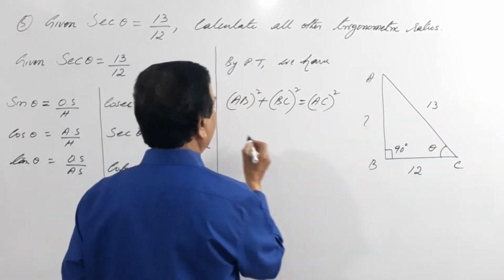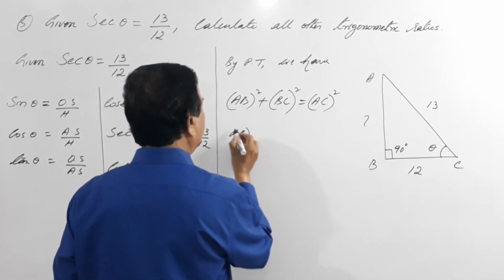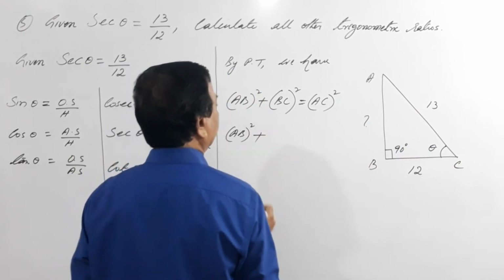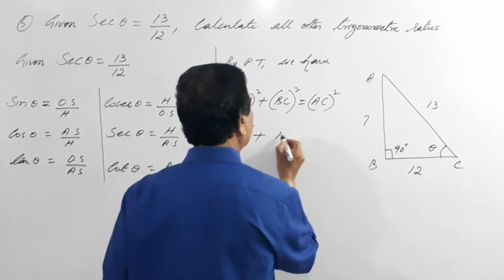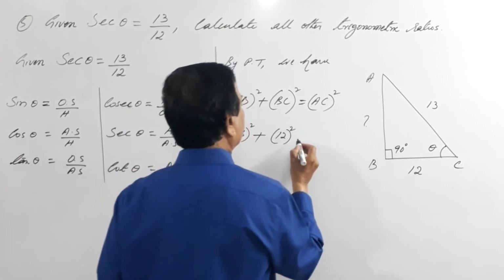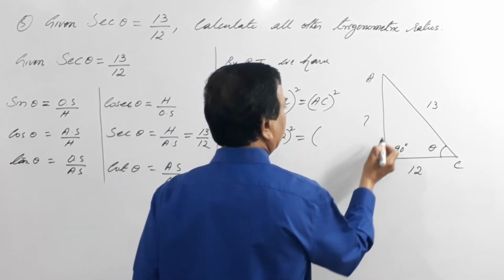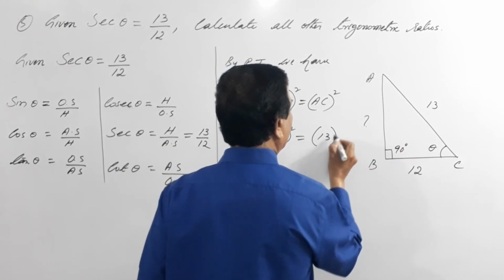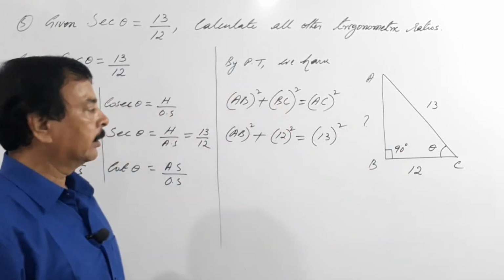What is AB? We don't know, we have to find it. How much is BC? 12. Equals, this is 13 square, correct?